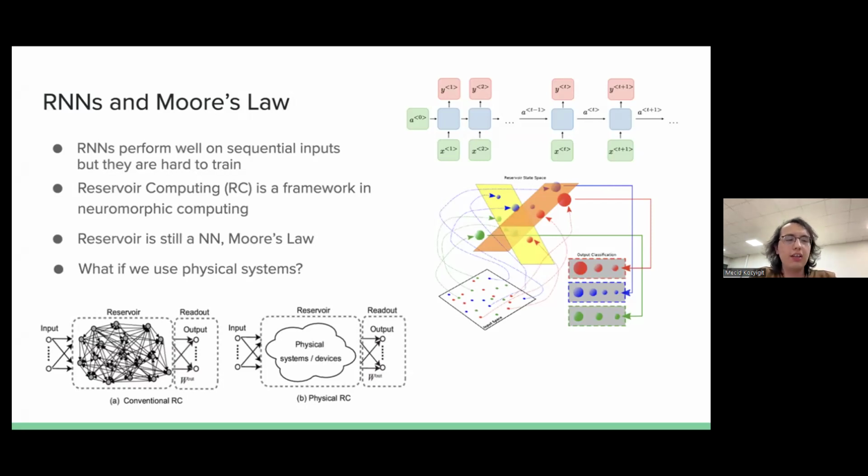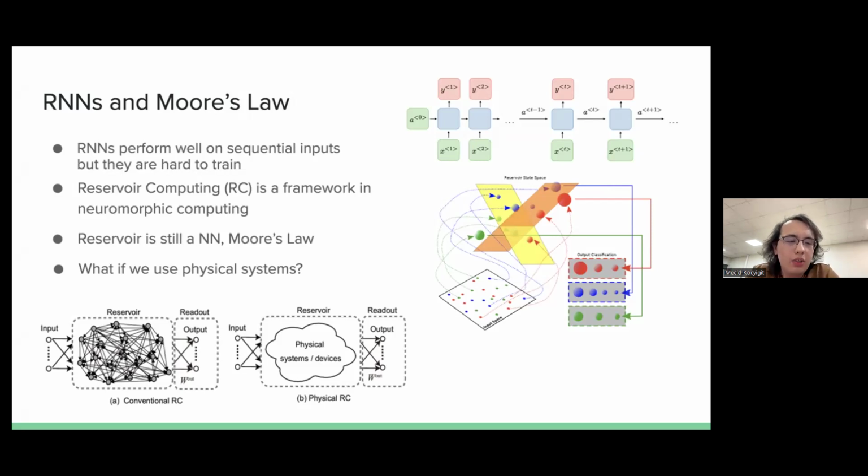Additionally, as transistor production approaches the 3 nanometer limit, standard silicon-based Boolean computing can't be scaled much to accommodate this need for computation. So this article presents physical systems as reservoirs.